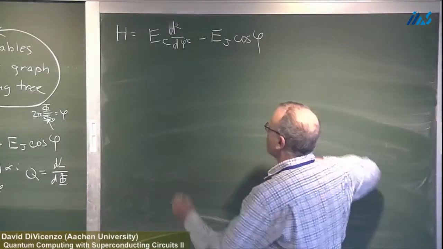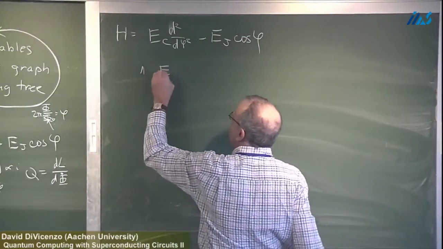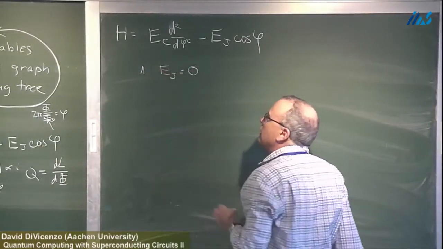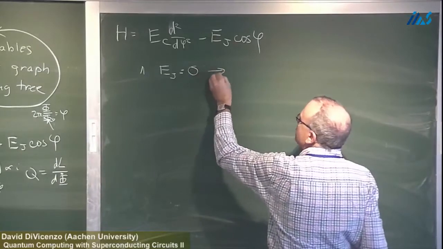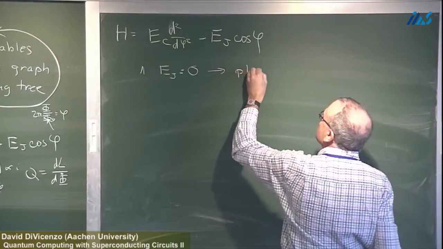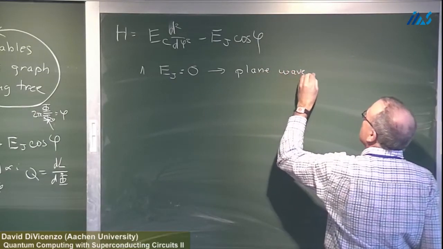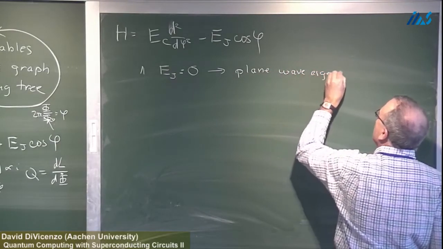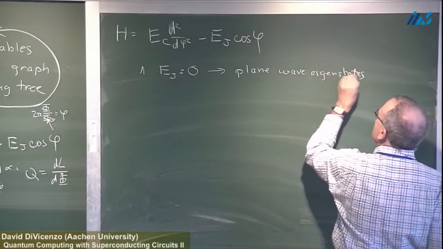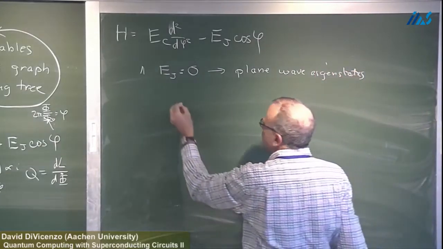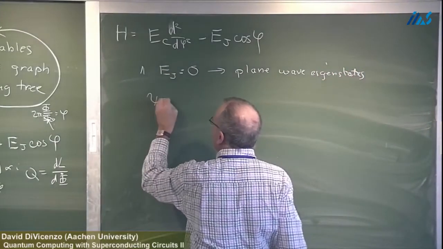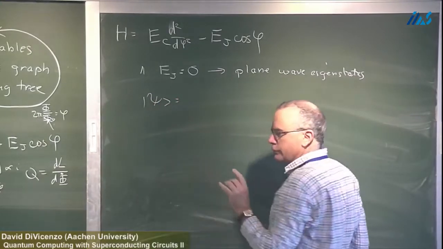Let's take number one, EJ equals 0. Then the solutions of this are plane waves, the eigenstates are plane wave eigenstates. In other words, this is all single particle physics, remember.